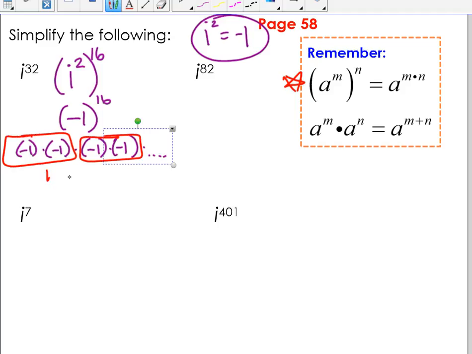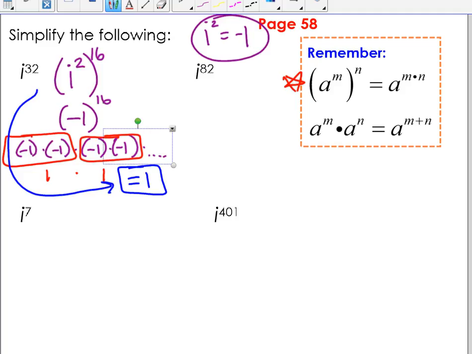Negative 1 times negative 1 gets me a positive 1. I'm going to do that 16 times, and I'm going to end up having 8 pairs that are all 1. So essentially, it's going to be 1 times 1 times 1, 8 times. I don't care how many times I multiply 1 by itself. The answer is just going to be 1. So that means i to the 32nd equals 1.